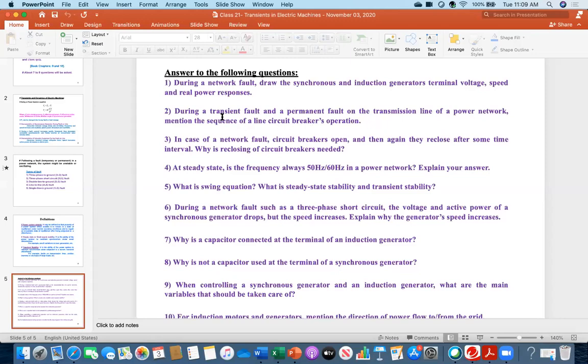If it is a transient or short-duration fault, within 5 cycles the circuit breaker opens. After 30 to 60 cycles, the circuit breaker recloses. And if it is a permanent fault, after reclosing, the circuit breaker will reopen again within 5 cycles. Exactly that will be the answer.